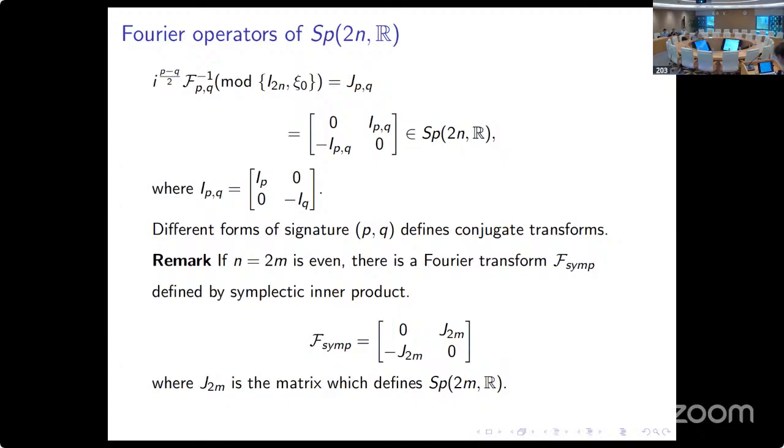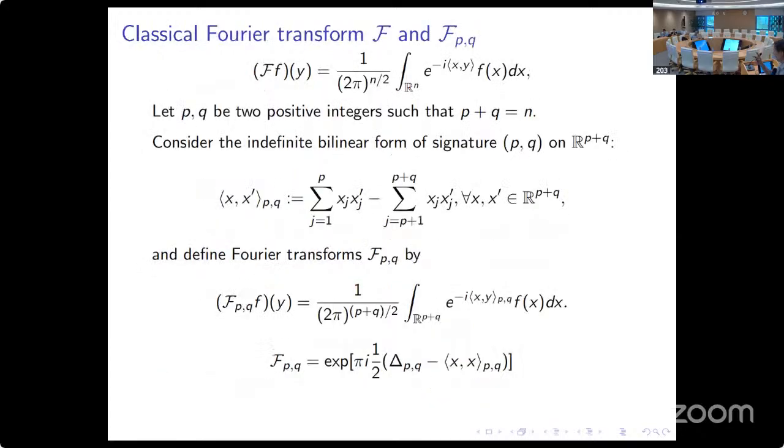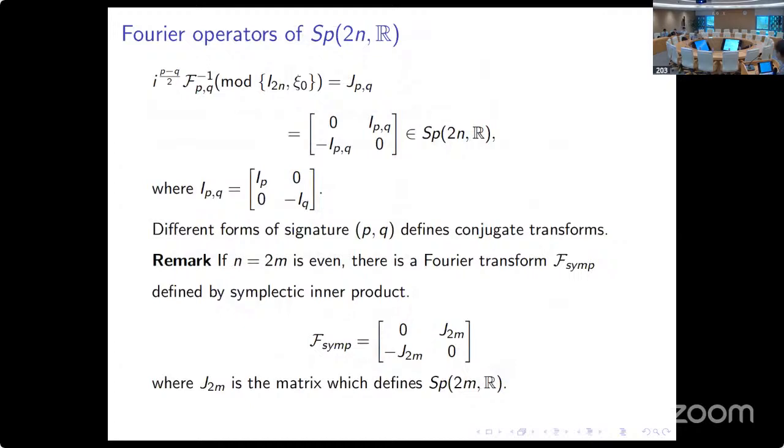Remember the Fourier transform we defined used a bilinear form, a pairing. If you use a non-degenerate skew symmetric one, we require n to be even. In that case, we also get a symplectic Fourier transform, corresponding to that element. It is also exactly the same IPQ with P equals N, Q equals 0, with some kind of twisting. So this is also a very interesting case.